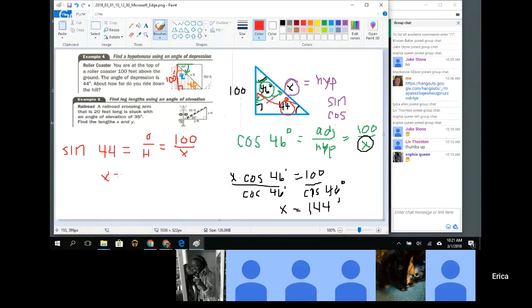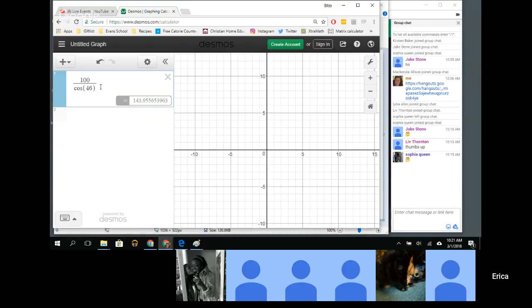When you do your math, you end up with 100 divided by the sine of 44 degrees. Now if I switch to my calculator, 100 divided by the sine of 44 degrees, and I end up with the same thing, 144 feet.